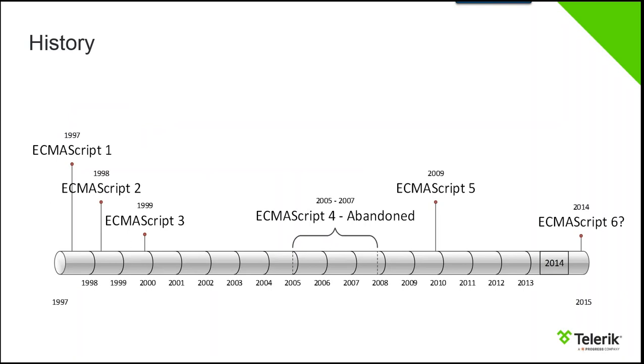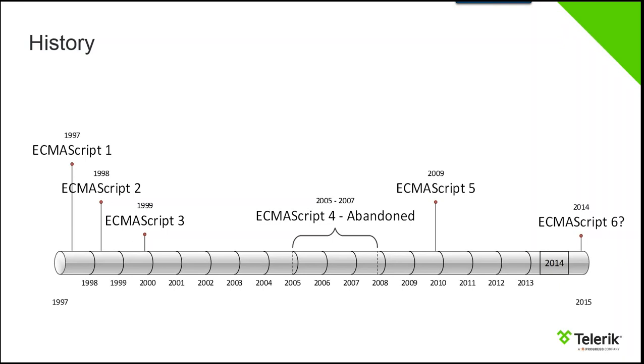When I looked at it, this looked pretty cool. 1997 is when ECMAScript 1 came into existence, or was standardized. Then ECMAScript 2, an increment with some additions and improvements, happened in 98. Then ECMAScript 3 came out in 1999, and from 1999 until almost the end of 2005, nothing happened.